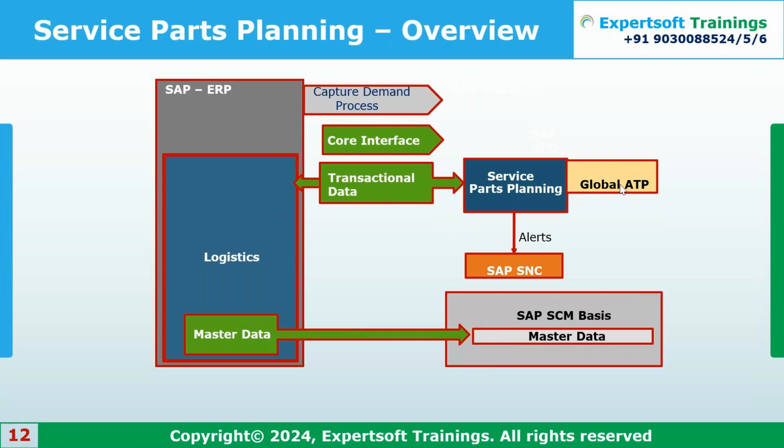Suppose any order is getting created in the ECC system or CRM, it will go to GATP to check which location will have this product. Is it available at the facing location? Facing location means the customer-facing location where the order was created. If it is not there, then it will try to procure from other locations, as per the rules we maintain.